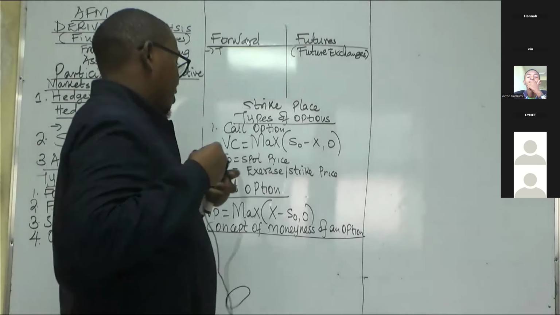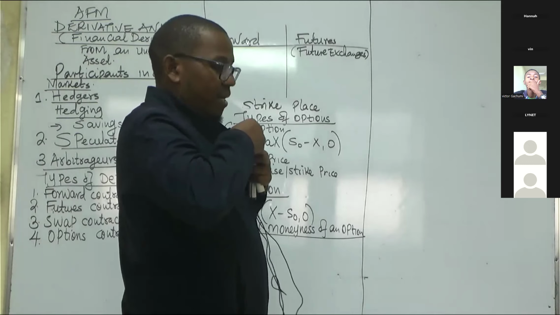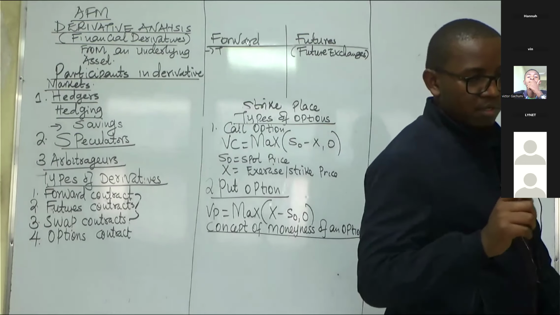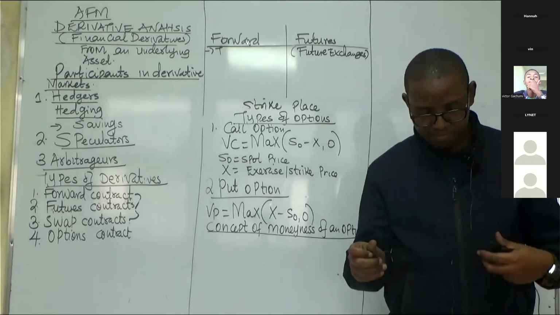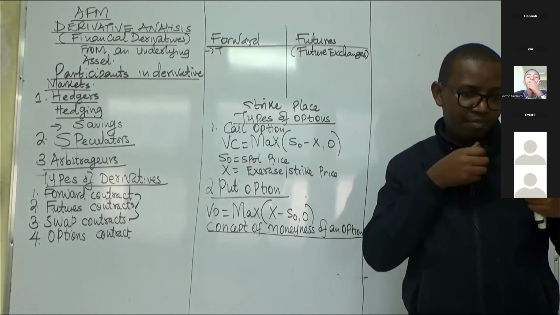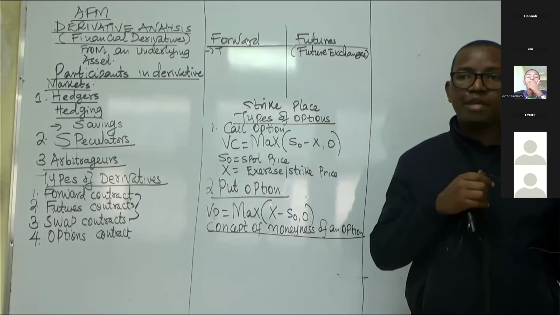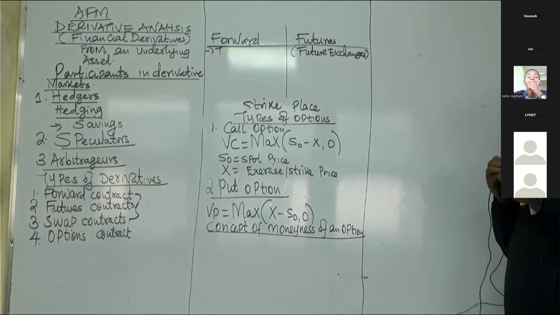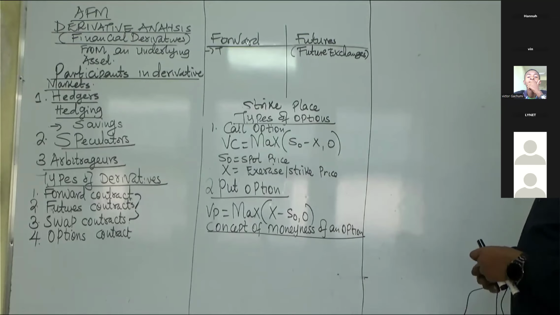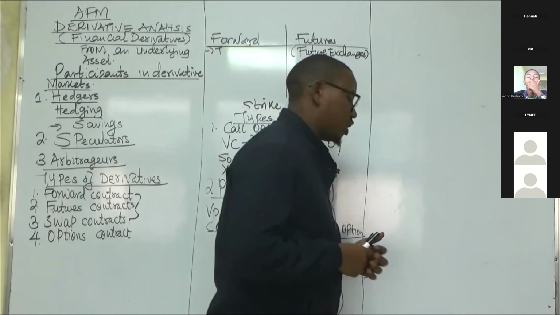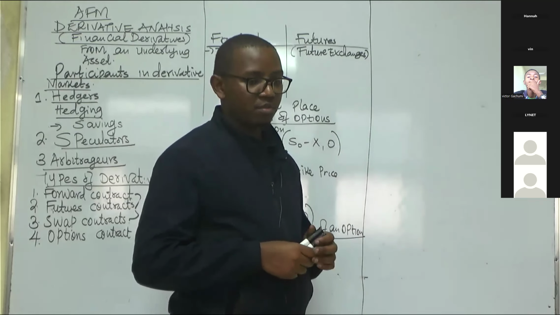Moneyness refers to the relationship between the price of the underlying and the exercise price.